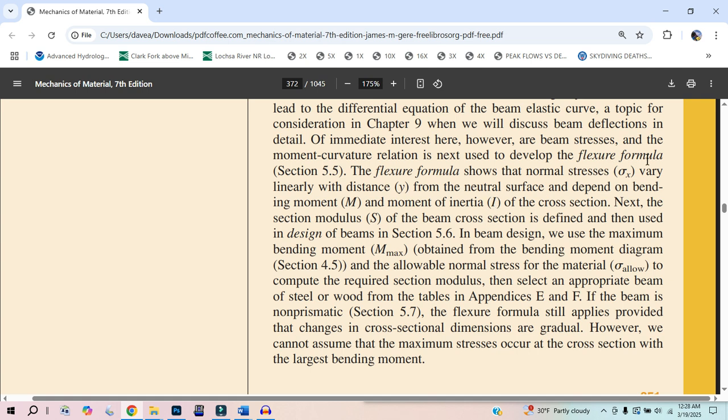So that means the stresses we'll see in that beam are low. If this number gets big, the stress that we have at that max distance in our beam won't even be near the maximum allowable normal stress for the material.